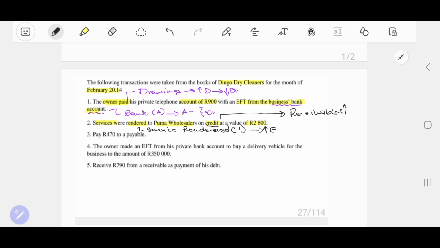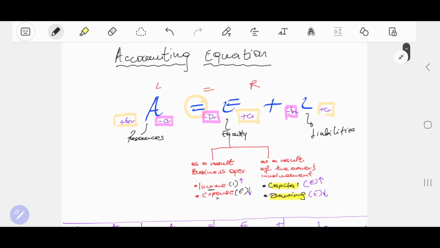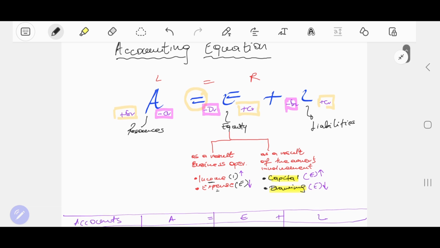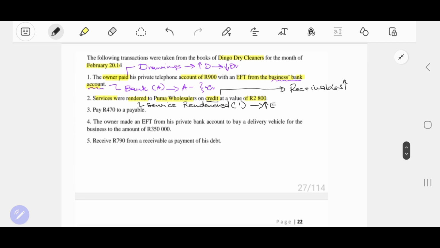So receivables are going to increase. If receivables are going to increase, where are they going to increase, on the debit side or on the credit side? You ask yourself the question, what are receivables? Where can I classify my receivables in terms of the accounting equation? Receivables or debtors are considered as an asset. So if receivables increase, it means that assets are going to increase on the debit side. So our receivables are going to be recorded on the debit side.